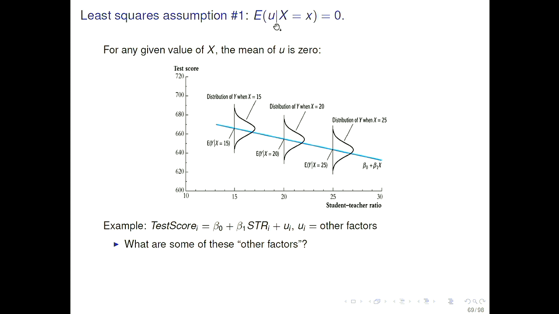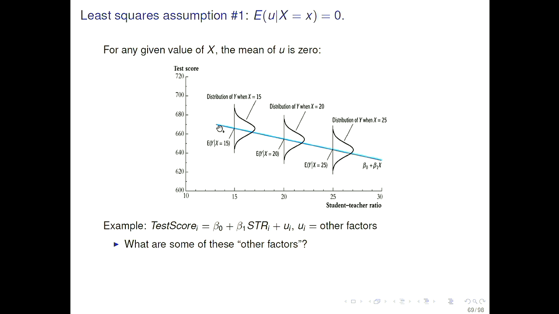So, the first assumption: when you have a population regression equation like this, Y is going to be distributed in this way. Especially, you need to notice that the center point of the Y distribution is exactly in the middle, and its location is on the regression line.